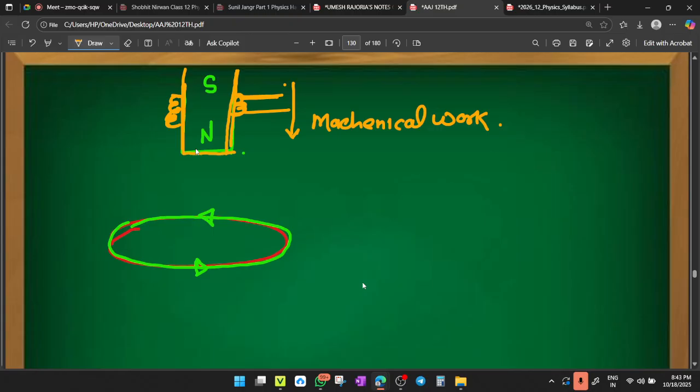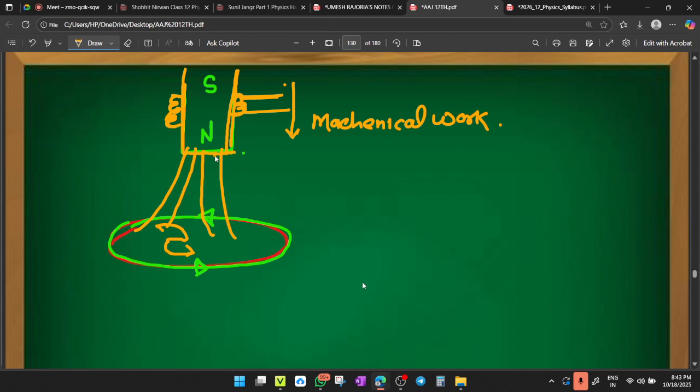Now, as the flux passing through the coil is continuously changing, yes or no? So there is changing flux. Changing flux will result in the development of a north pole. Exactly, the development of a north pole.